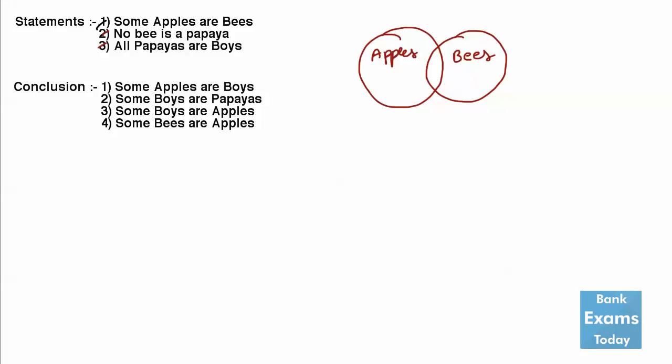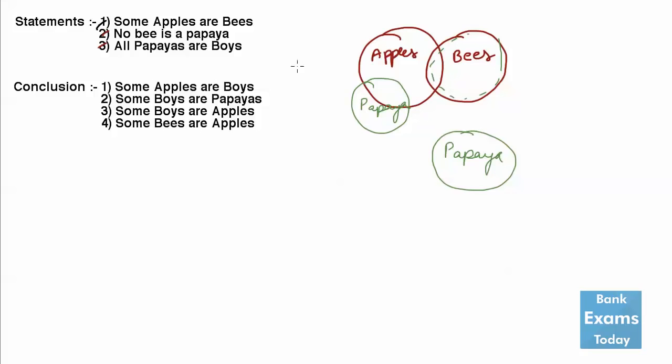Then no bee is a papaya. Here goes the papaya. Papaya can be here or the papaya can be here. The papaya circle can be anywhere except this bee circle.